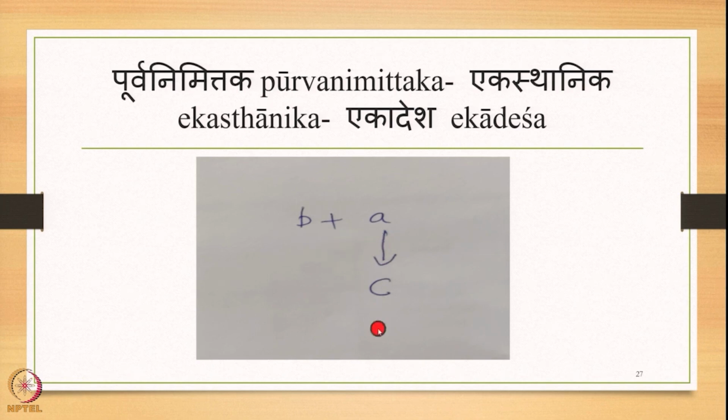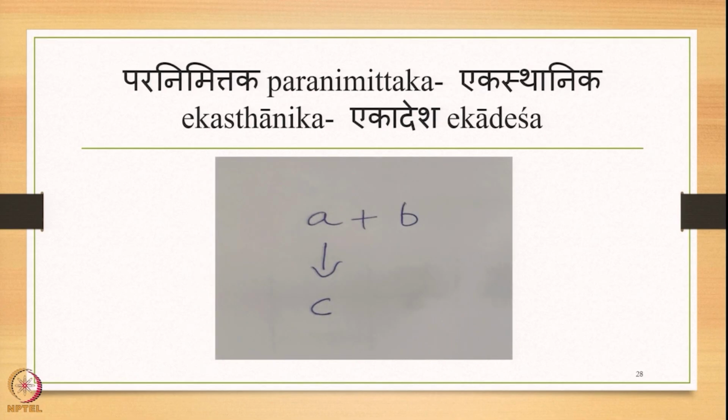So, B plus A is the input and B plus C is the output. Whereas the Paranimittaka Ekasthanika Ekadesha is like this, A plus B is the input. In the environment of B, A is substituted by C. So, A plus B is the input and C plus B is the output. This is Paranimittaka Ekasthanika Ekadesha. B is the Paranimitta.